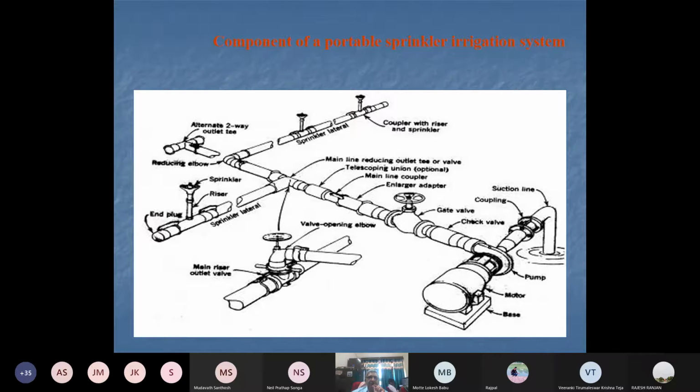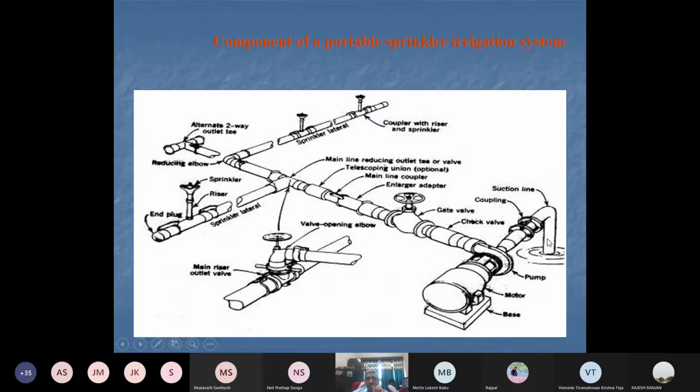Pressurized means you need to create adequate pressure, so that at this point where I'm putting the cursor, there is a sprinkler nozzle, a sprinkler head. This operates at a specific pressure. So with the help of a pump, you can apply water and then these sprinklers can be operated.